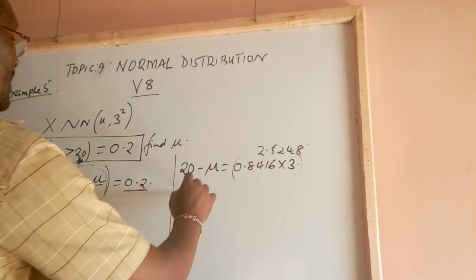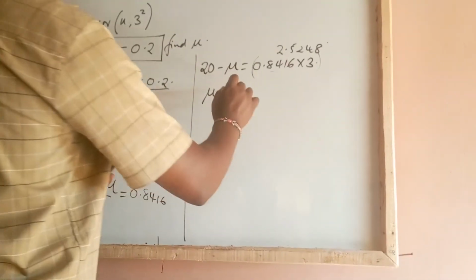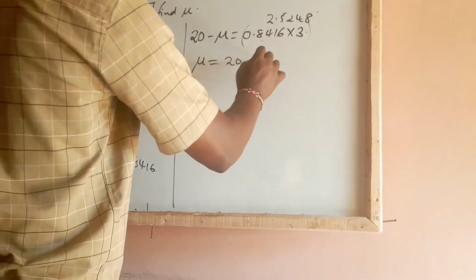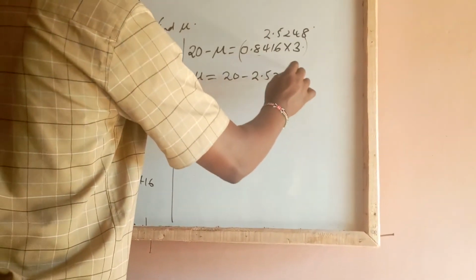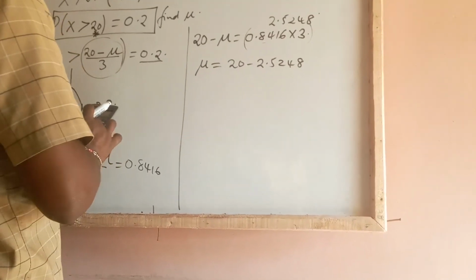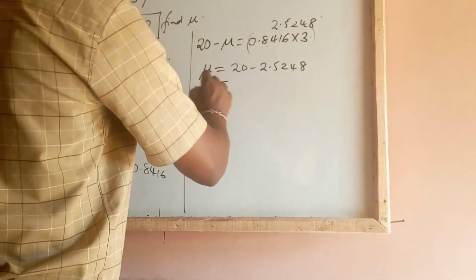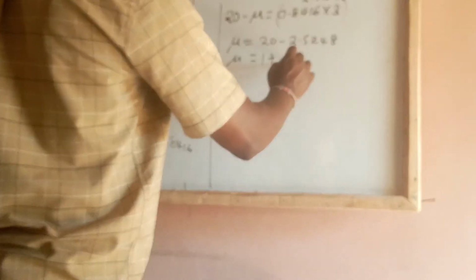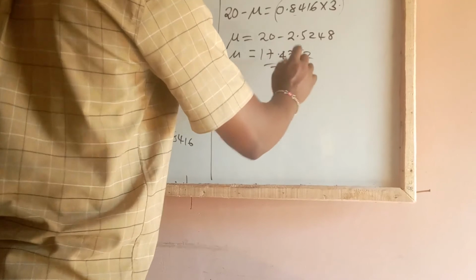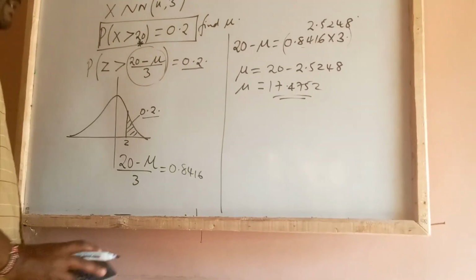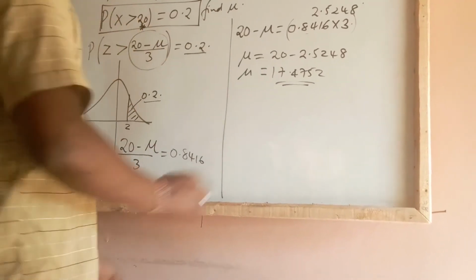Now, the mu which we are finding becomes 20 minus 2.5248, and that definitely is going to give us the mean as 17.4752.